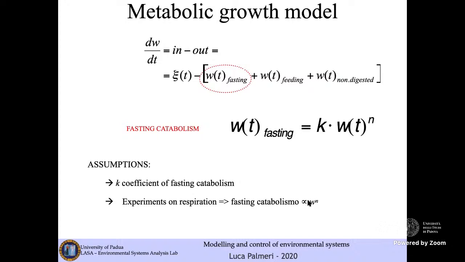Instead, the proportionality is through a power of the weight of the fish with a different exponent n now. So we may write that fasting catabolism is equal to k times the weight of the fish itself.